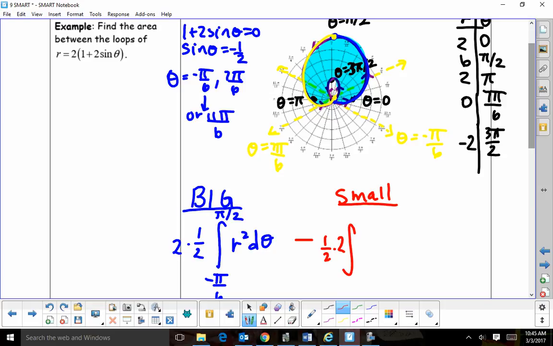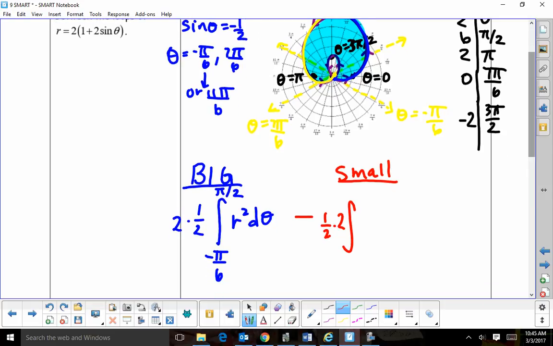If you did the 1/2 times the 2, you could have said from 3 pi over 2 until 11 pi over 6. You could have said 7 pi over 6 until 3 pi over 2.